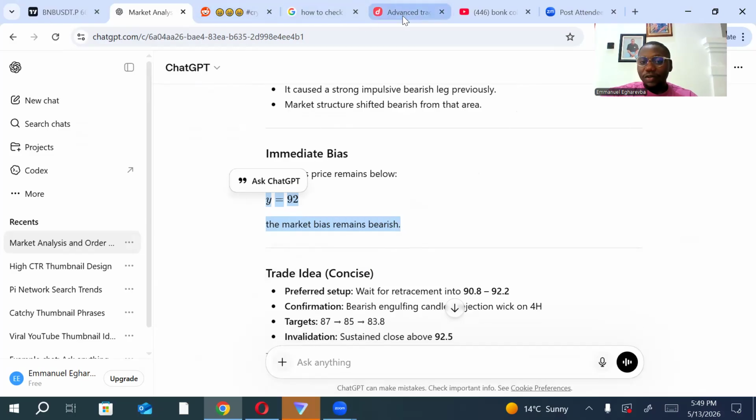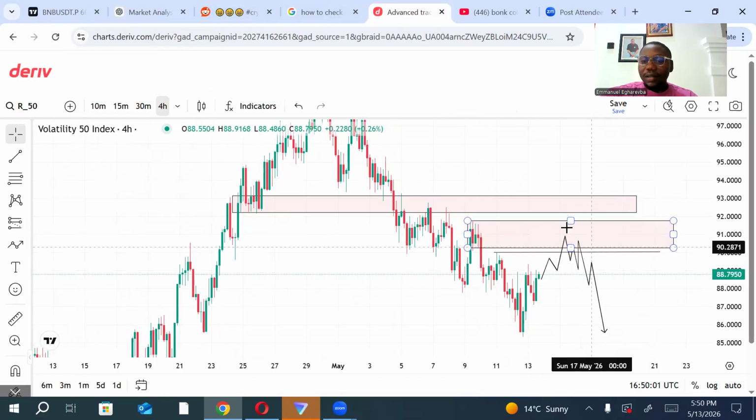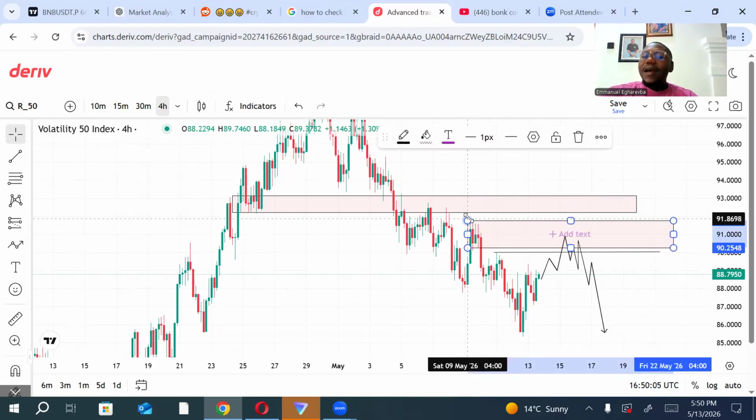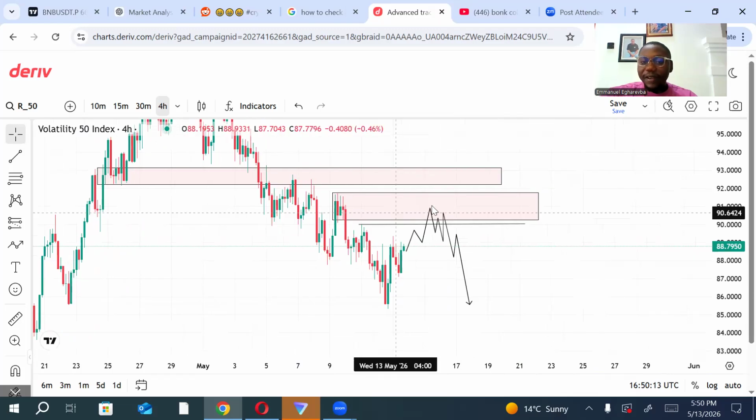Let's go and see where 92 is. As long as price remains below 92, which is below this other block, we are still bearish. So we have to wait for price to come here first.